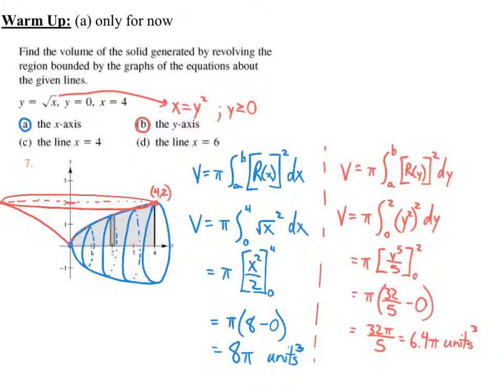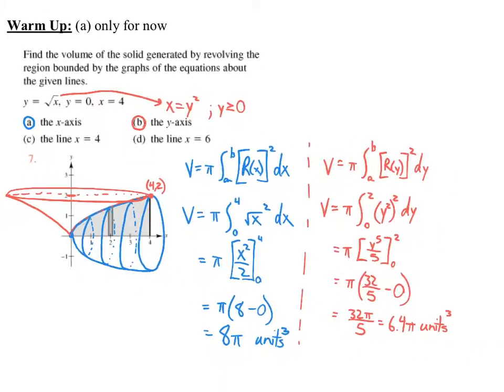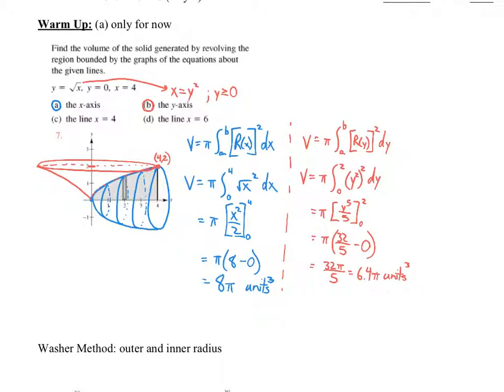Okay? All right. We'll deal with the other two types later on, but that's all for now. What we want to look at today actually is what's known as the washer method. Okay? Now, if you've never built stuff before, this may not make sense, okay? But how many of you are familiar with nuts and bolts?